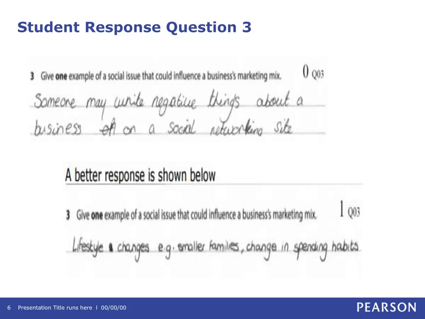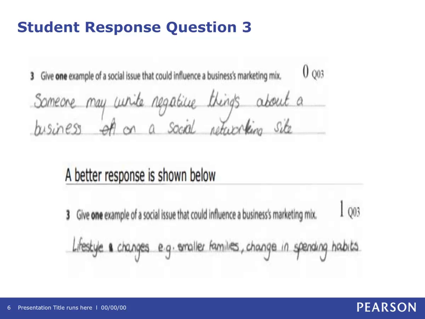Question 3 is worth 1 mark. This question did not perform as expected. Students were asked to identify one social influence, such as poverty or change in demography, that could influence the marketing mix.